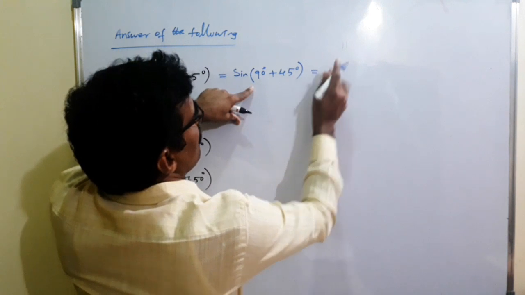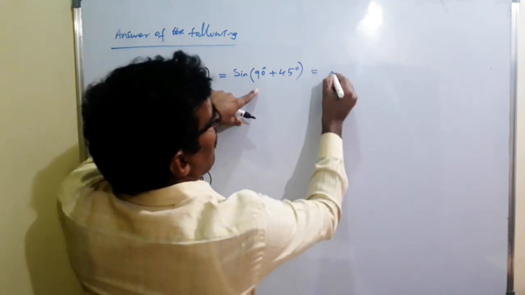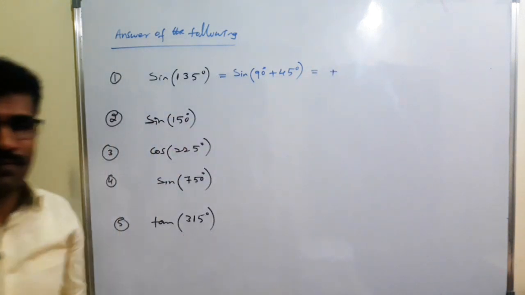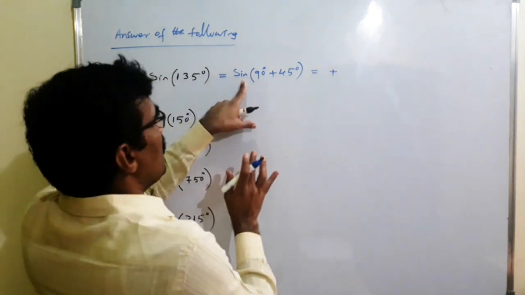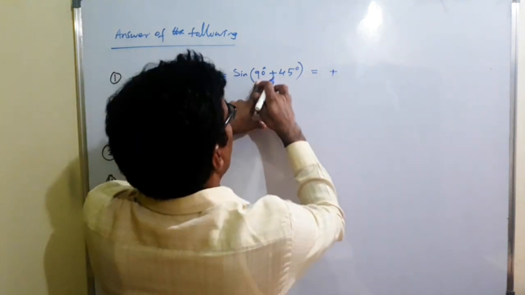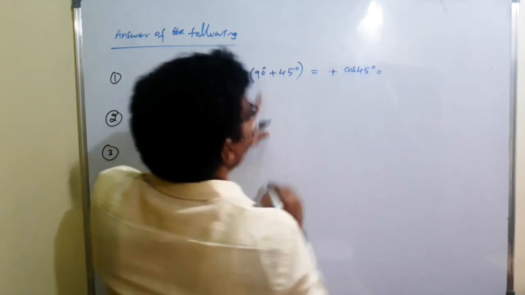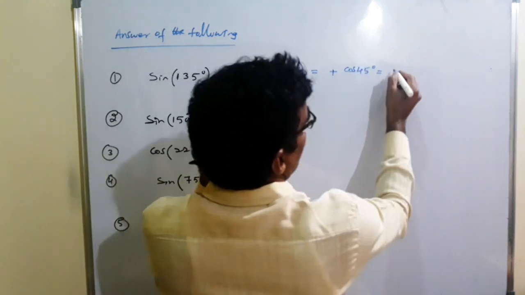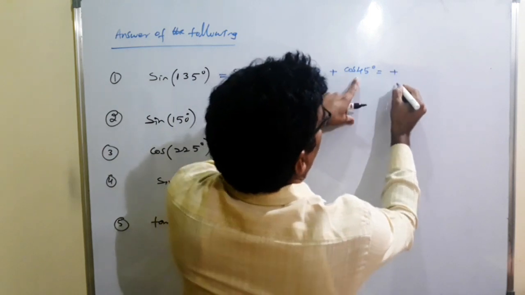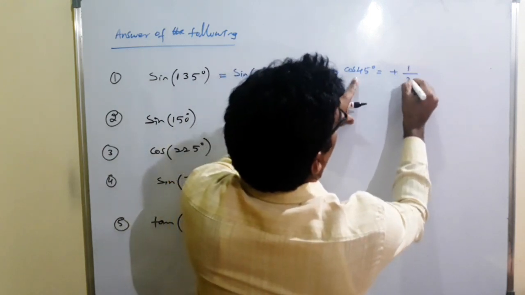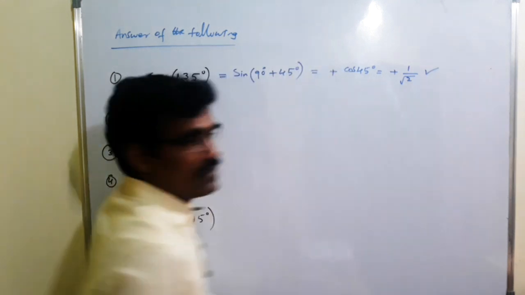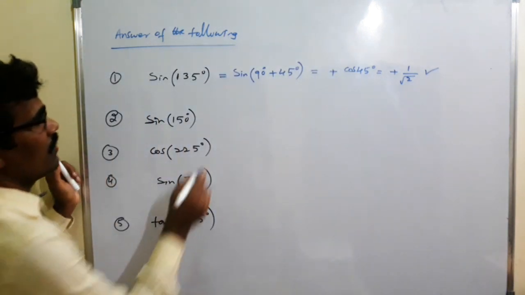So here this is which quadrant? Second, positive, okay, positive. Then sine of 90 plus theta, here 90 is there, so cos 45, which is equal to plus cos 45, 1 by root 2. Is it clear? Right, sir.